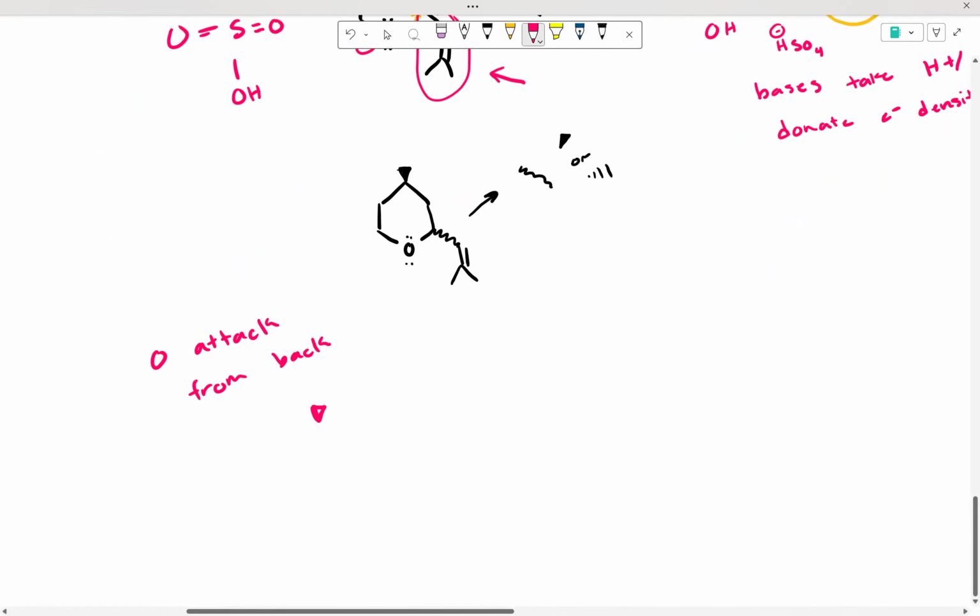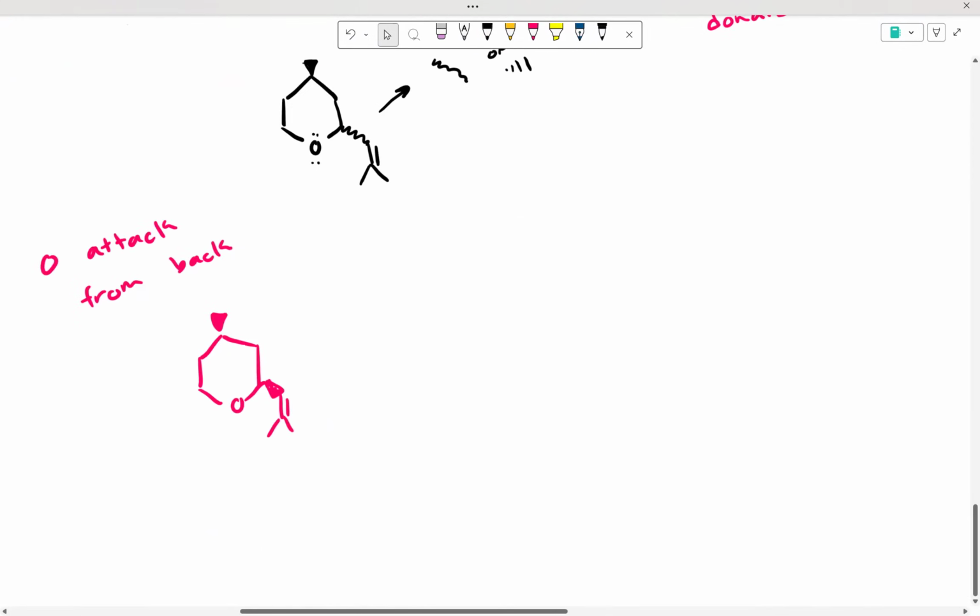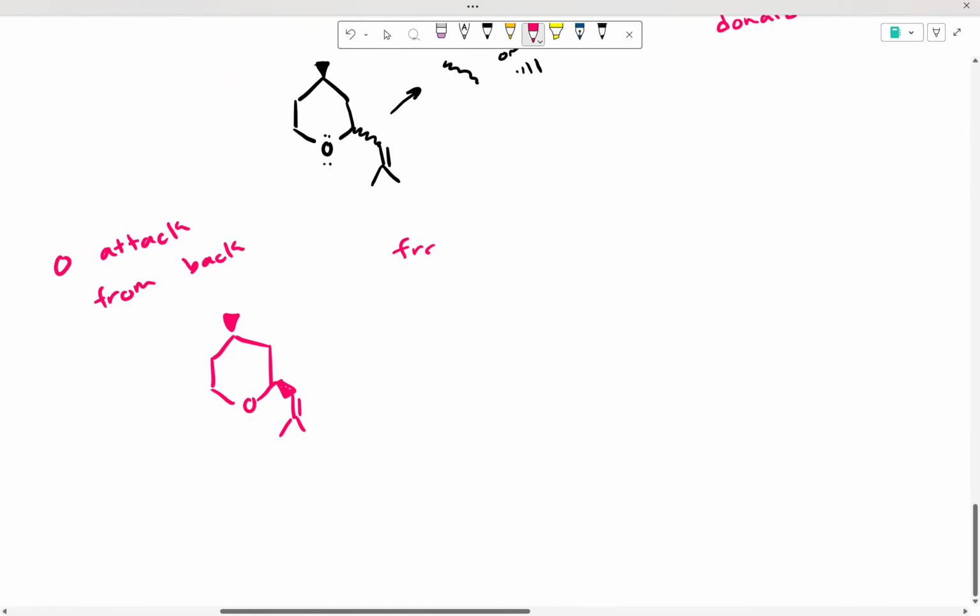That's how we get our cis conformation. If the oxygen attacked from the front, that's how we get our trans conformation.